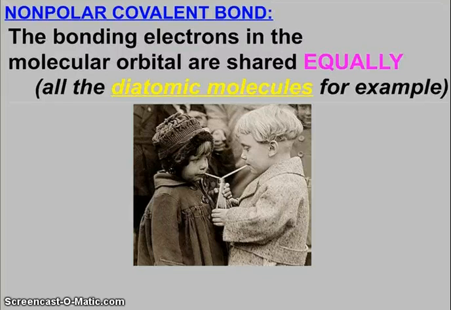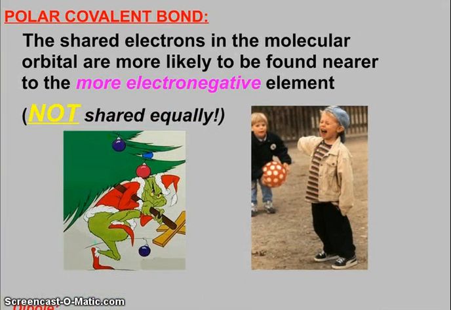If we do have a polar bond, that's because the shared electrons that are in the molecular orbital are going to be pulled towards the more electronegative element. That element is going to want the valence electrons more. So they are not shared equally.